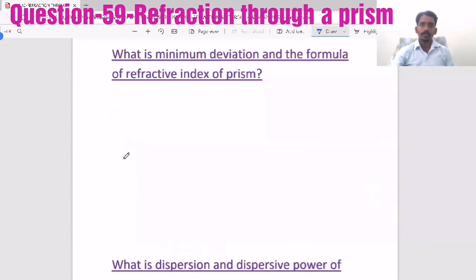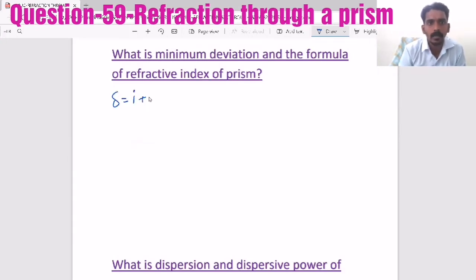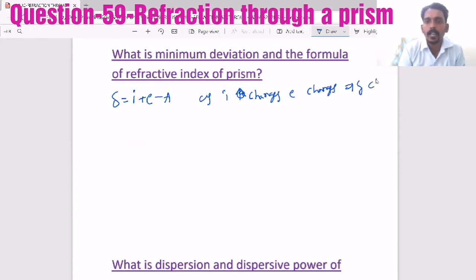Now, the next thing we have to understand is what is minimum deviation and its formula. When you consider the deviation formula, it is I plus E minus A. As I changes, E changes, which implies delta also changes.